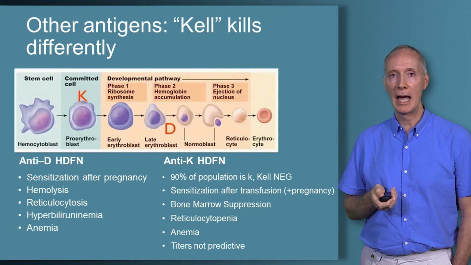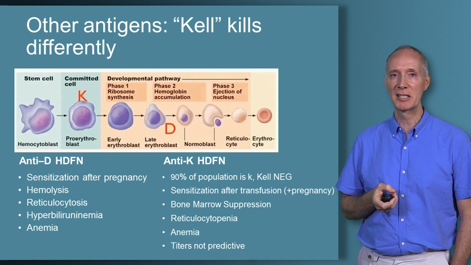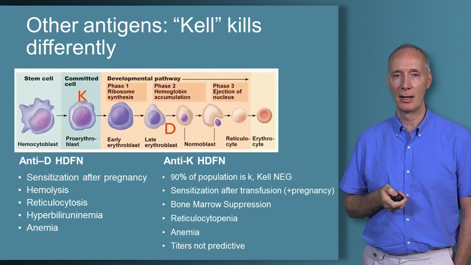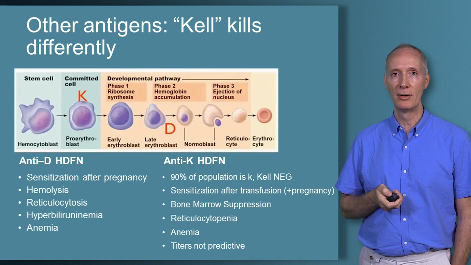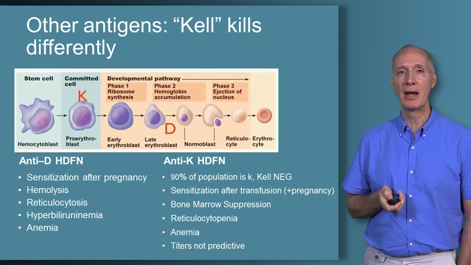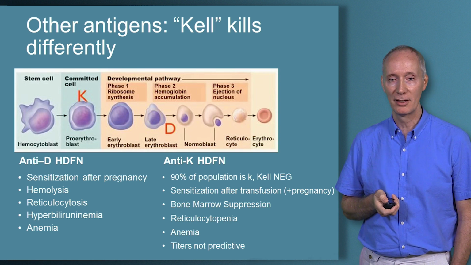And if you look at where KEL antigens are expressed, you will notice the difference: KEL antigens are expressed earlier in the developmental pathway of the red blood cell. So they are already expressed in the bone marrow in the proerythroblast.